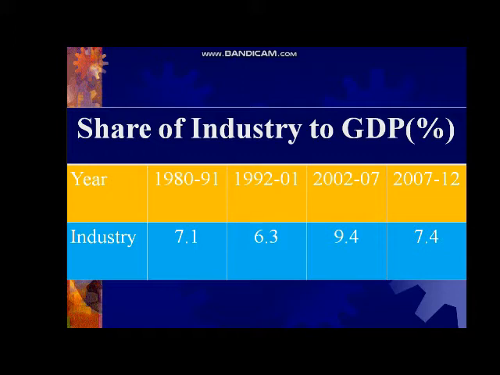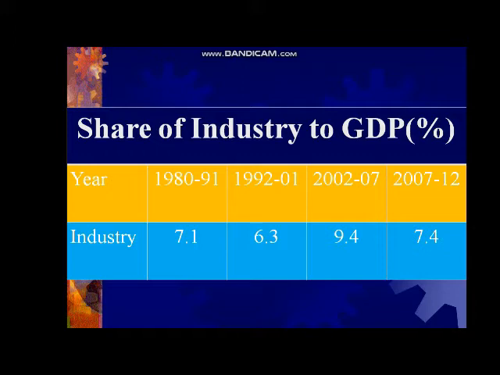Here different data relating to industries are seen. In the first period, that is the year 1980 to 91, the data of industry is 7.1% of the GDP.